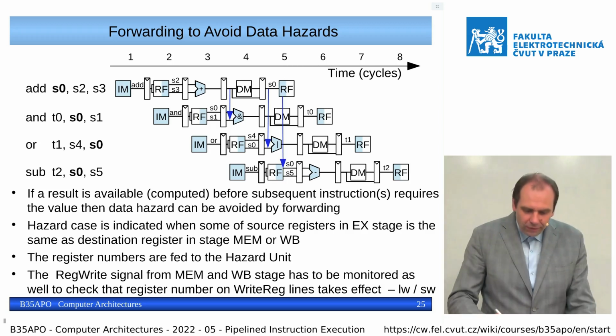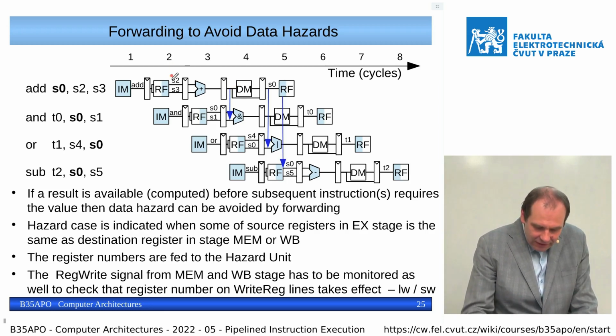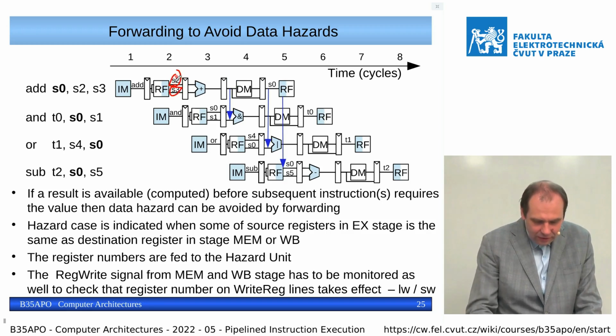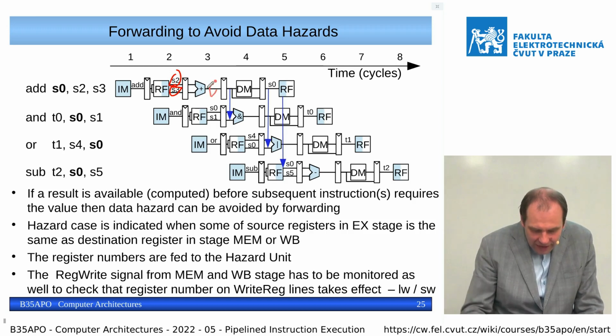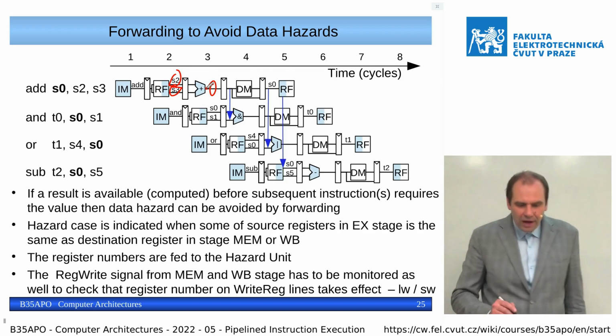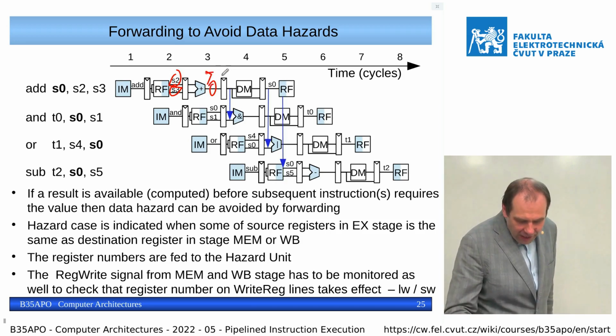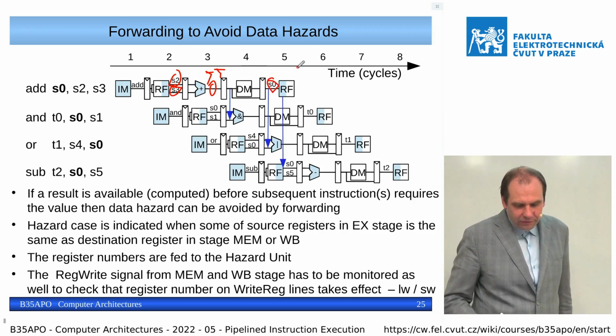If you look at what happens inside the processor, then we see that in the second clock cycle we have read those two registers. And in the third clock cycle, we already have this value here. We already know that there is a value 555, which should be provided to the register S0 in the 5th clock cycle.